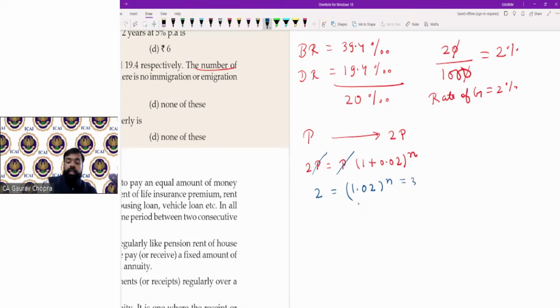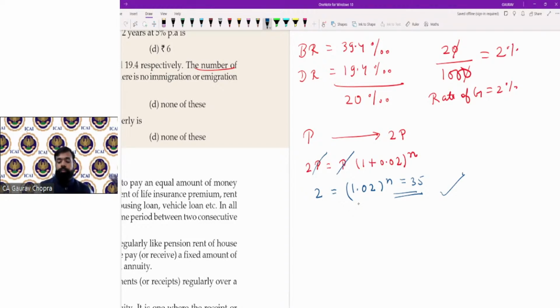So when n is equal to 35, you are getting your answer. All right. Shubham says how 39.4 is coming. This is already given in the question. So your answer is 35 years. So 35 years में population double हो जाएगी if growth rate is 2%.